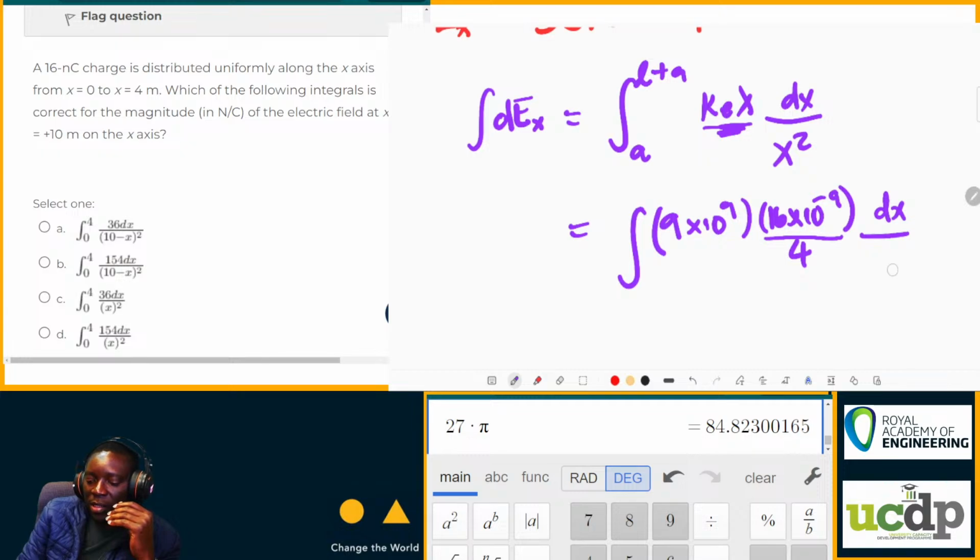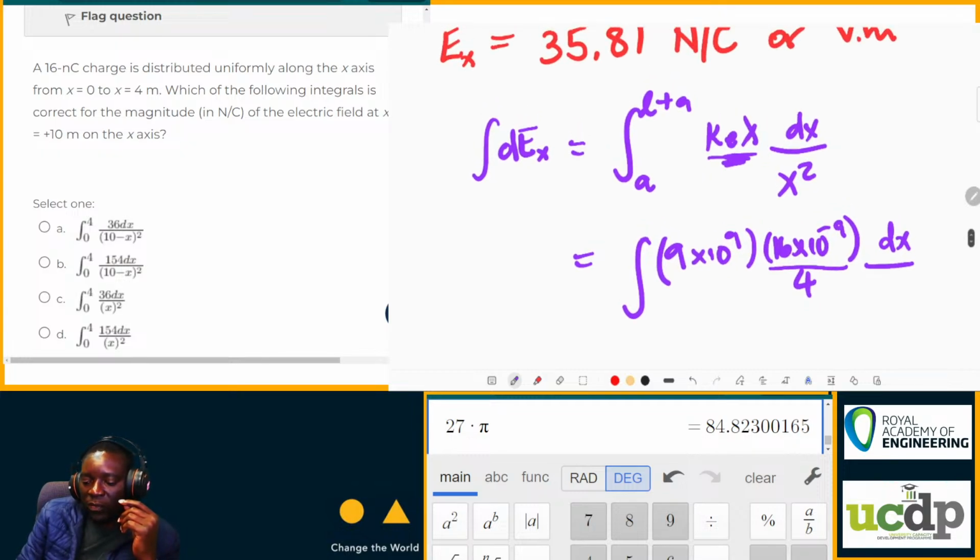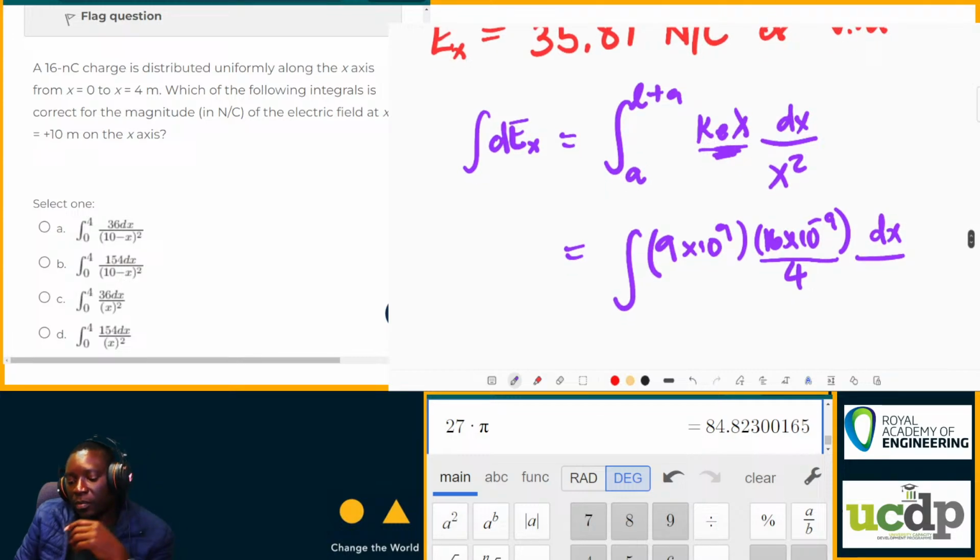We have to evaluate this in terms of a. So what are our limits? In other words, in what zone or region is the rod extending, or the distribution of charge extending?